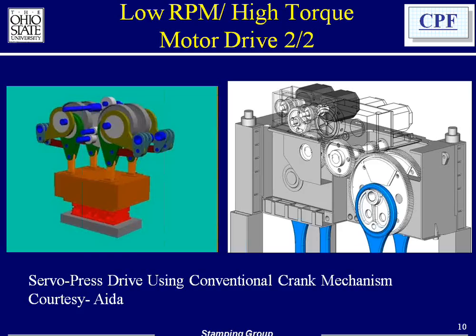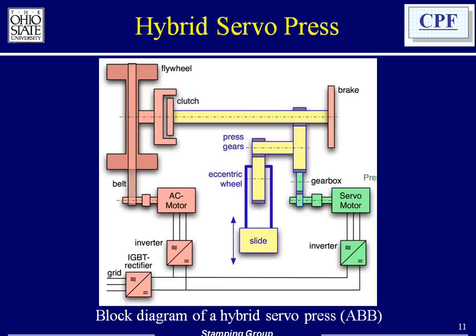I happen to take this from one manufacturer, but other manufacturers are using the same design capability as well. So the fact that we now have high torque, low RPM motors available changes the whole design of the press. You can build larger presses, and we will see up to 2,500, 3,000 ton presses for automotive OEMs, and also the small presses are easily designed and constructed.